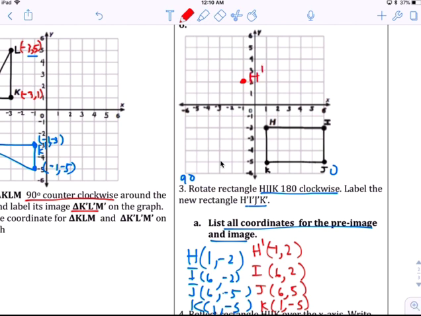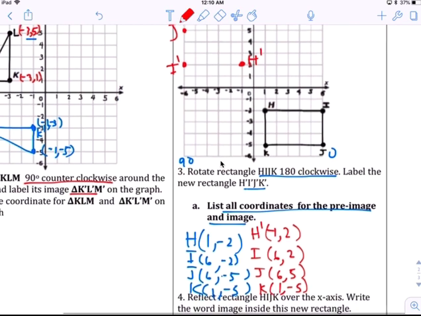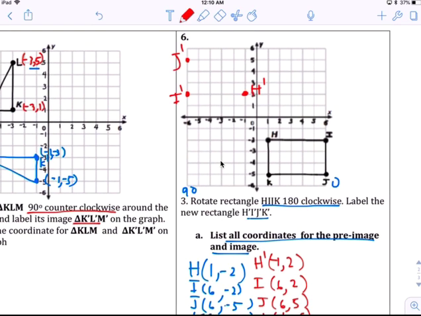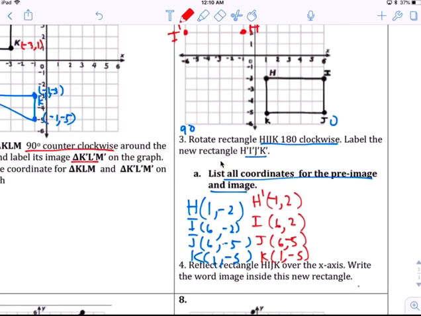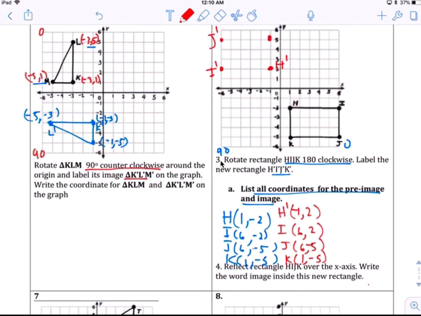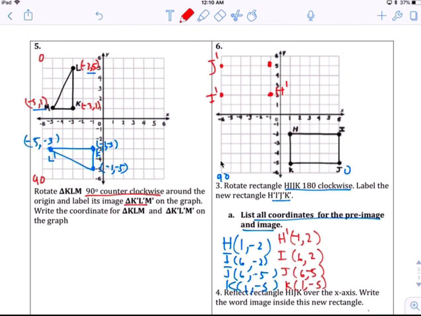And then 6, 2 is right here. That's I prime. J is 6, 5. K is 1, negative 5, 1, positive 5. And that's K prime. Connect the dots. Don't forget to connect the dots.